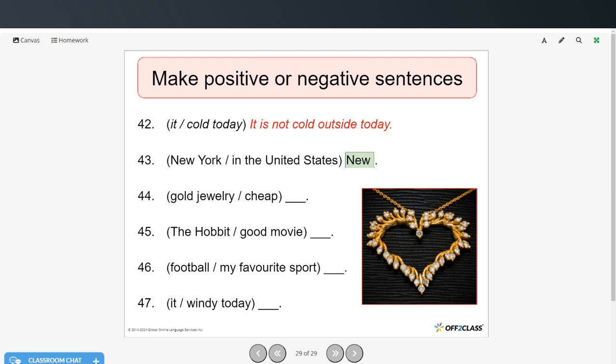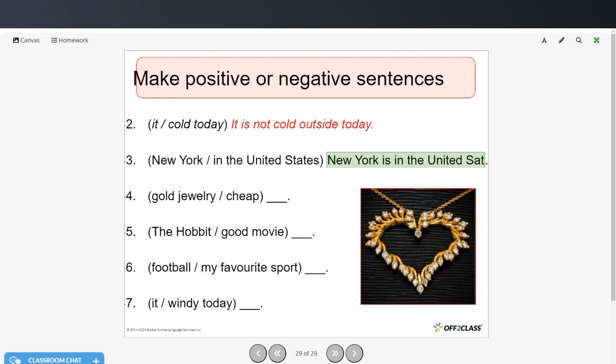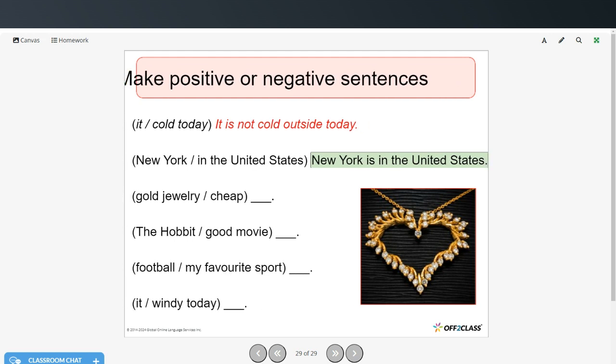Right, so New York is in the United States. Gold jewelry isn't cheap.